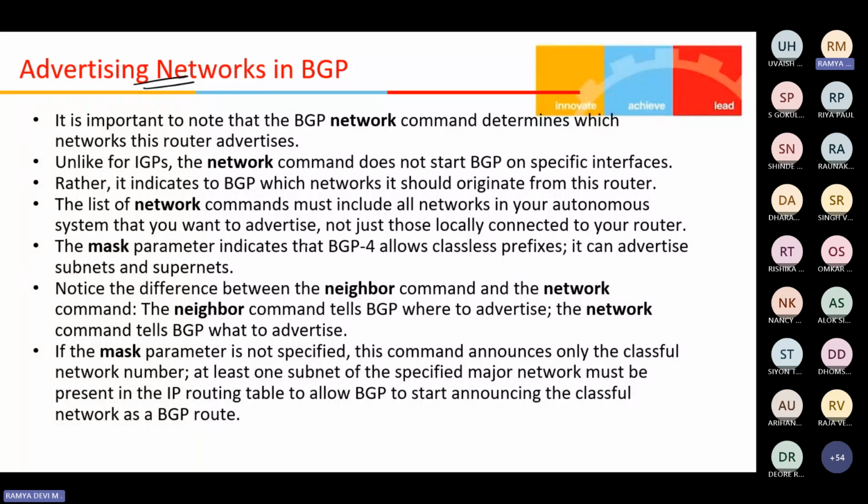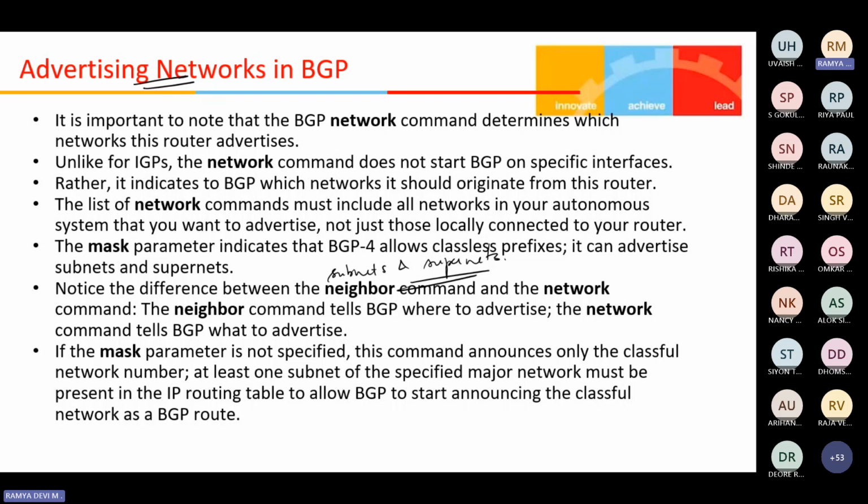You can advertise with the help of subnets and even with supernets. If the mask is not specified, the classful networks will be advertised, so at least one subnet of that network should be there in the routing table.